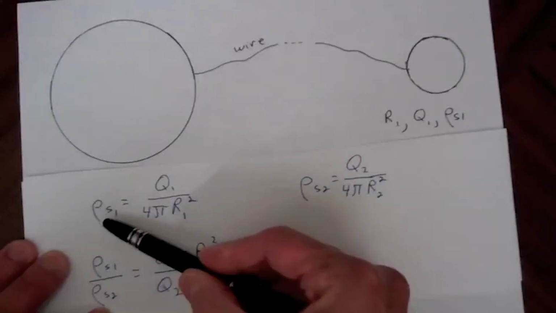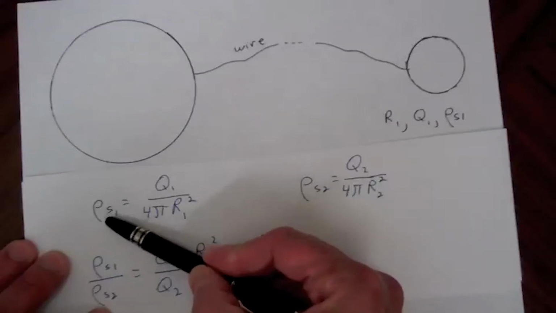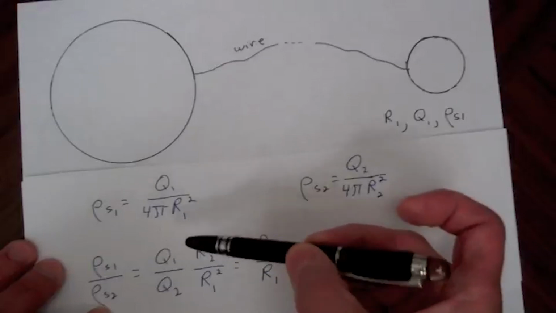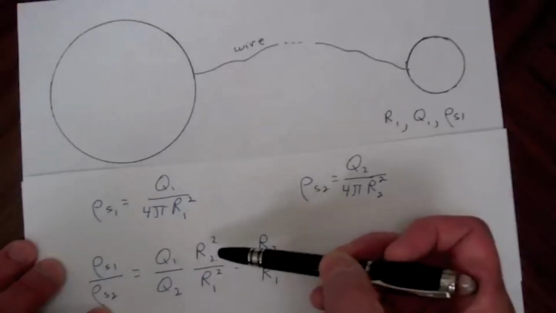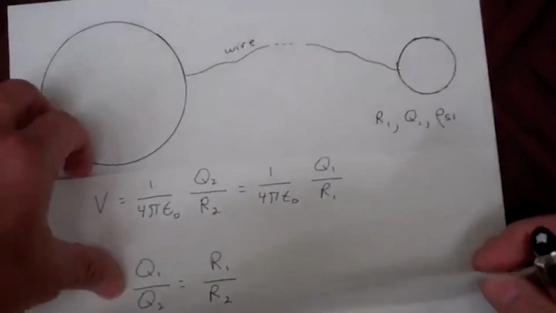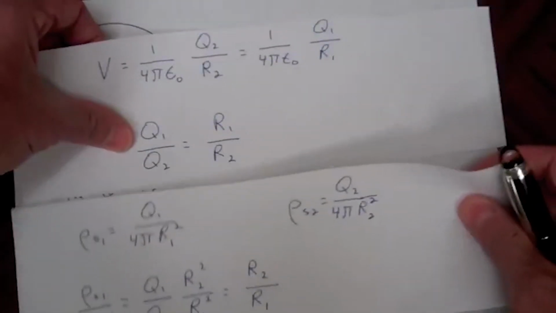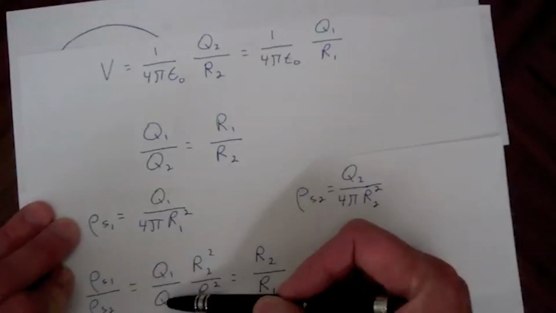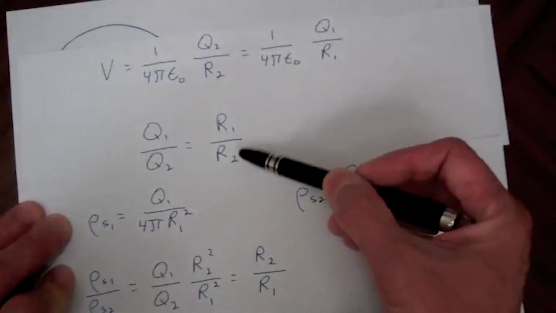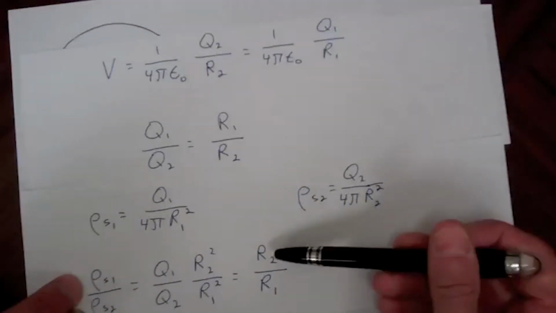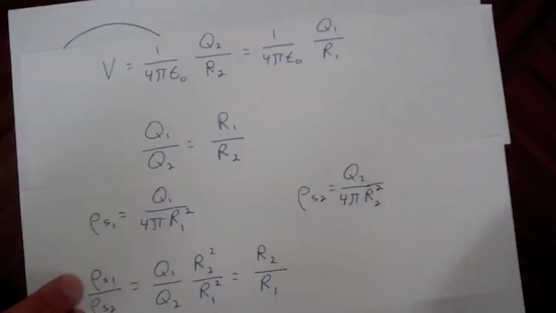If we divide the charge density on sphere 1 by the charge density on sphere 2, it's going to be equal to Q1 over Q2 times r sub 2 squared over r sub 1 squared. But we've already found that the ratio of the charge Q1 to Q2 is R1 over R2, so the ratio of the charge densities is just the ratio of the radii of the two spheres.